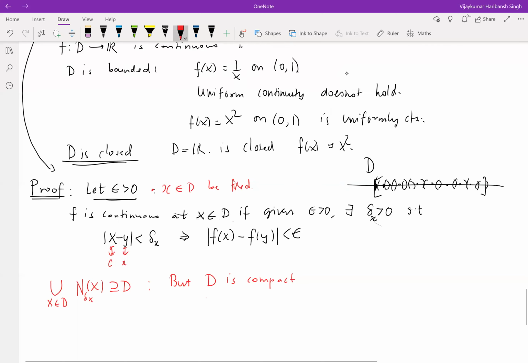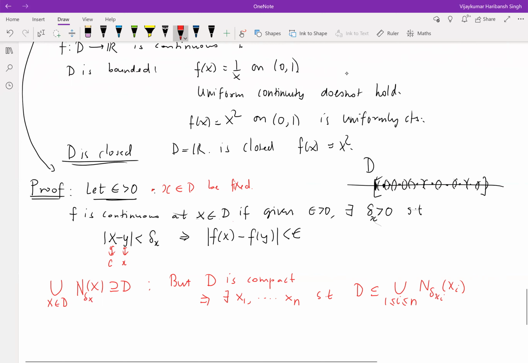So this implies there exist x1 up to xn such that your D is contained inside the union of i going from 1 to n of the neighborhood of radius delta xi around xi. Yeah, this is a consequence of D being compact.